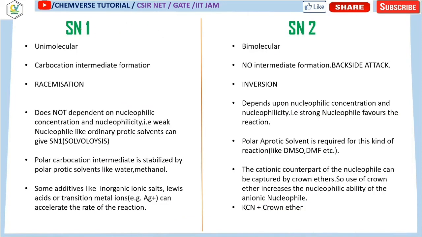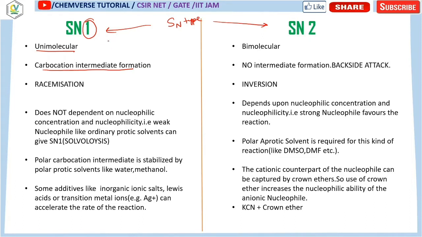So this is the nucleophilic substitution reaction. SN type reactions are of two types: one is SN1 and another is SN2. For the SN1 reaction, this 1 stands for the unimolecular reaction condition. It is a multi-step reaction, more than one step is involved, and the first step is carbocation intermediate formation.